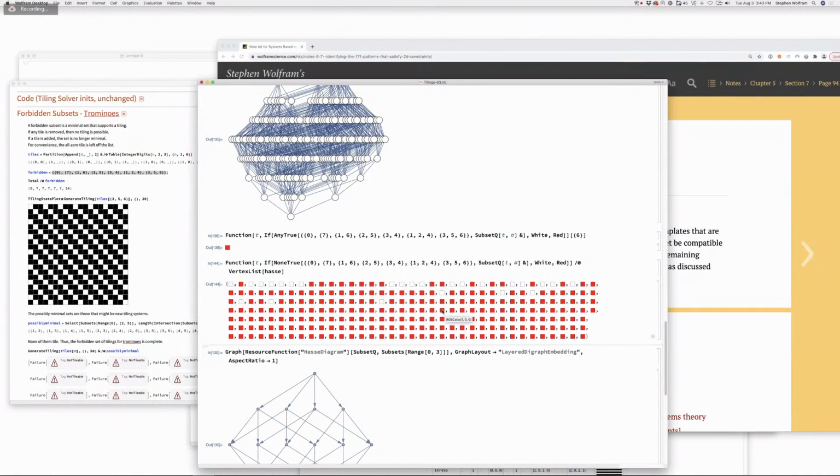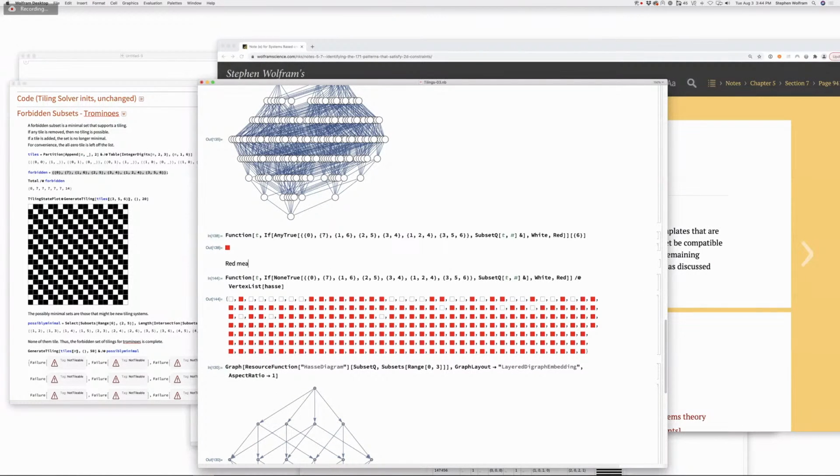And that most sets of tiles do tile. Most trominos tile. Could you clarify your color scheme? Well, red is supposed to be, it tiles. Red means it tiles. Yeah, if it contains either 0 or 1, or 0 or 7, it tiles automatically.